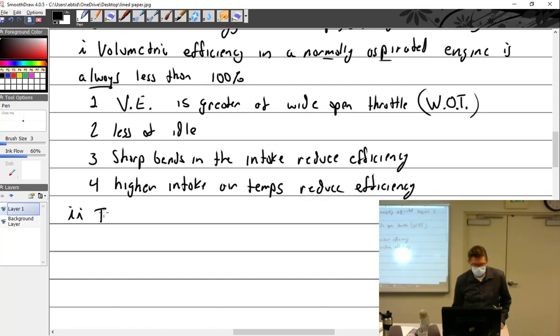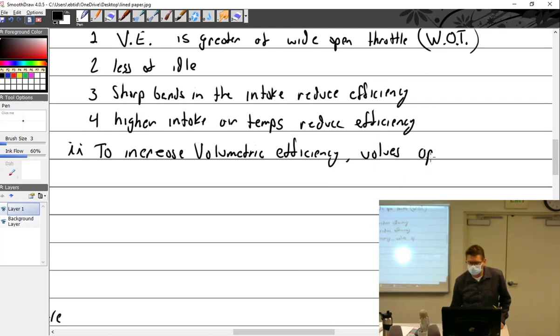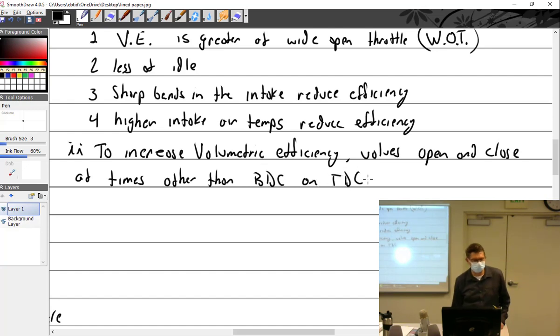So to increase volumetric efficiency, valves, that's your intake and exhaust valves, open and close at times other than BDC and TDC, like the animation showed you.